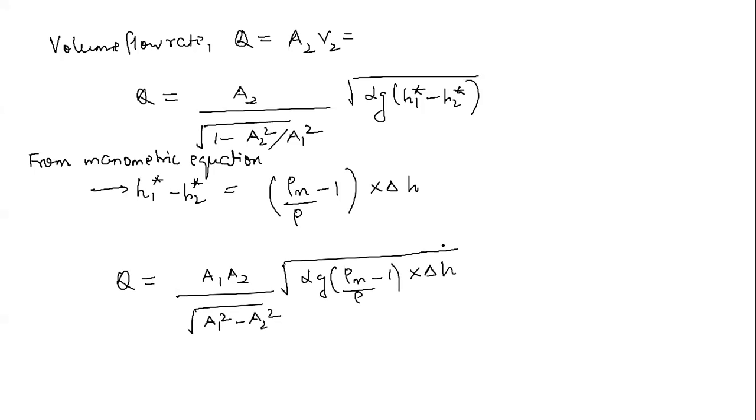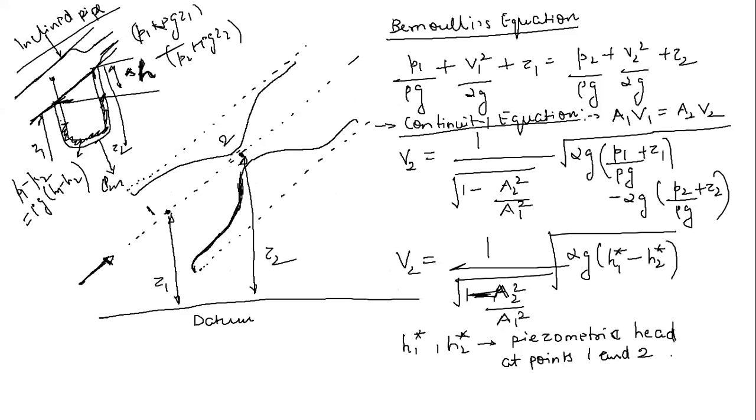So if you want to measure the flow rate through a pipe, you should know only what? The cross-sectional areas at the converging section and at the throat, A1 and A2. Always remember this is your A1 and this is your A2. This is the cross-sectional area at point 1, and this is the cross-sectional area at point 2.